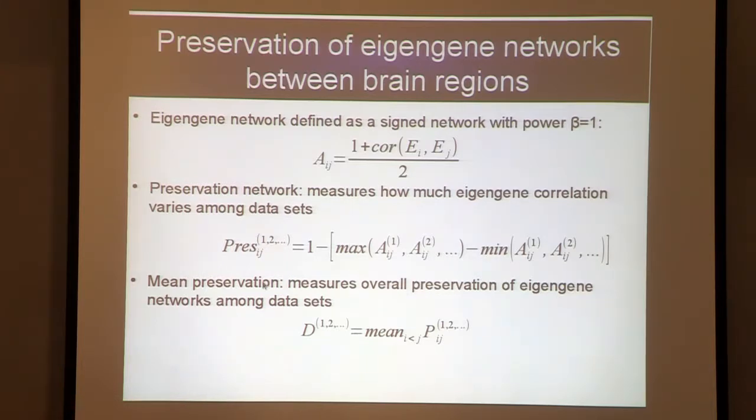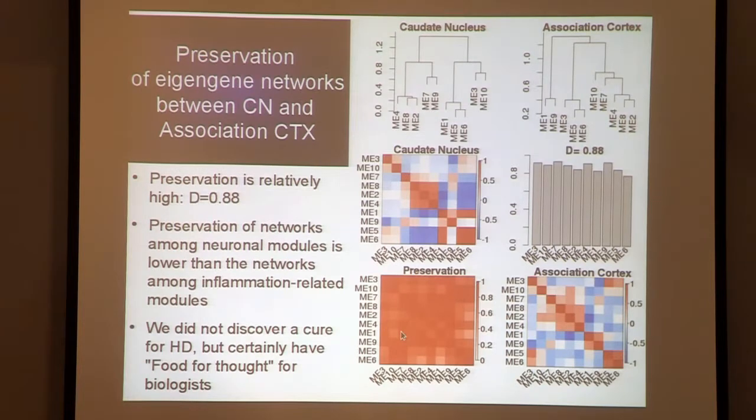Okay? And the mean preservation then just measures the overall preservation of the eigengene network, and it's just the mean of the preservation network. So the mean preservation is a single number. It does not have components ij. It's not a matrix anymore. So here's what happens if you apply this eigengene network and preservation methodology to the brain regions.